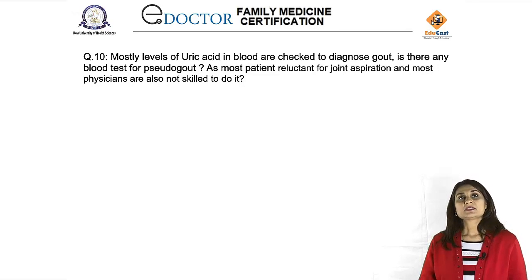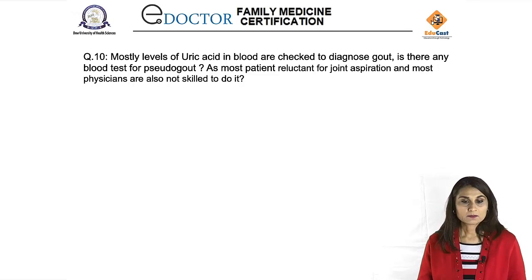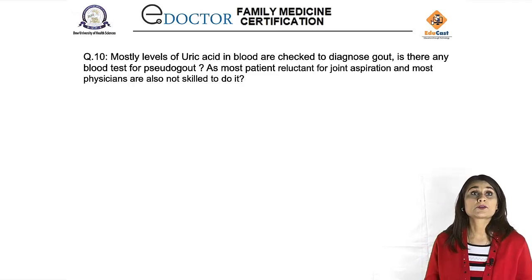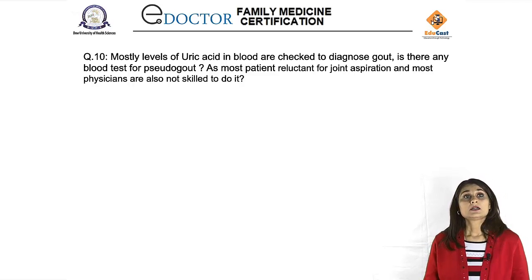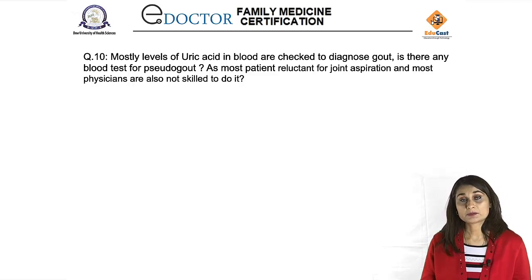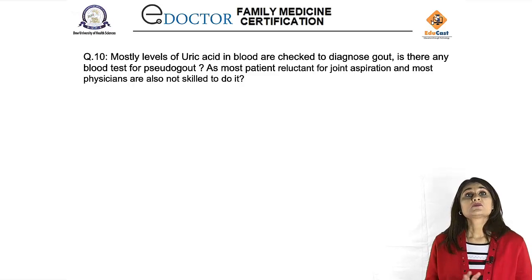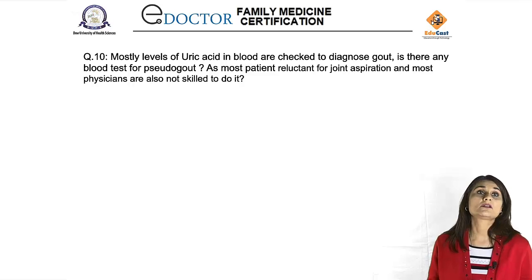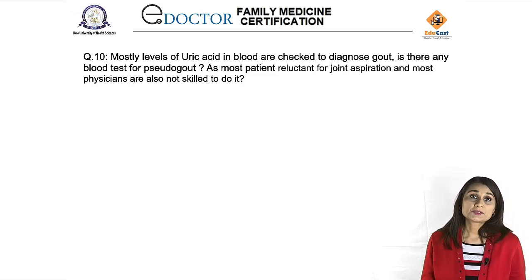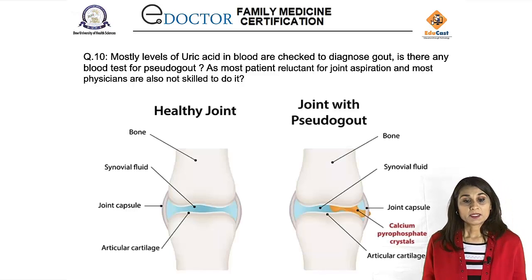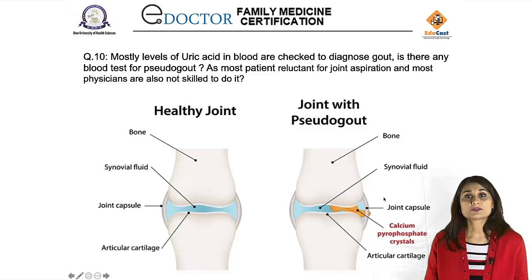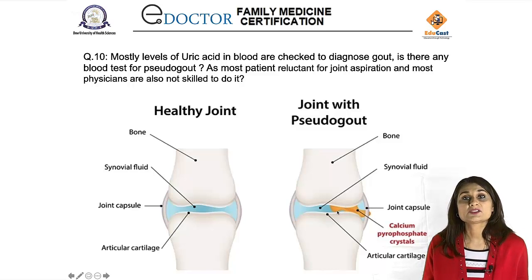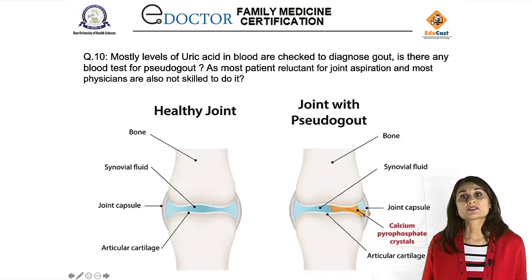Mostly levels of uric acid in blood are checked to diagnose gout. Is there any blood test for gout, pseudo-gout? No, there is not any blood test to test for pseudo-gout, as most patients are reluctant for joint aspiration and most physicians are also not skilled to do it. So what are you going to do? You are going to do an x-ray for them. What are you going to see in the joint? We are going to see calcium pyrophosphate crystals.